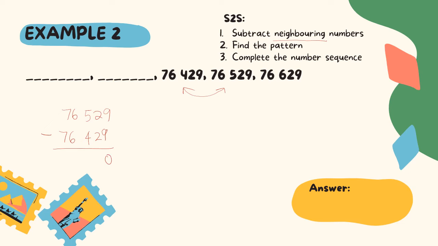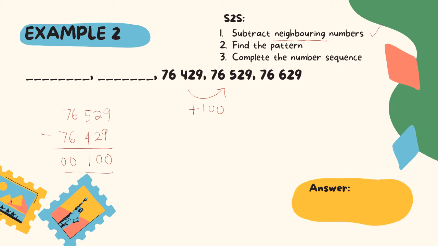So 9 minus 9 is 0, 2 minus 2 is 0, 5 minus 4 is 1. 6 minus 6 is 0. 7 minus 7 is 0. So this means that in order for you to go from 76,429 to the next number, you are going to plus 100. So that is the pattern.